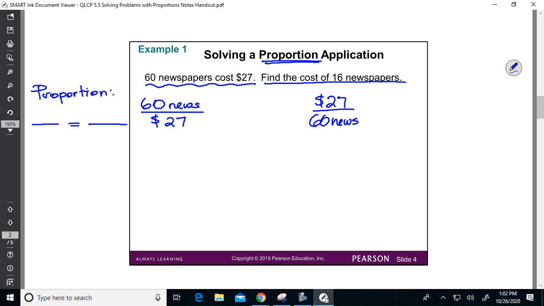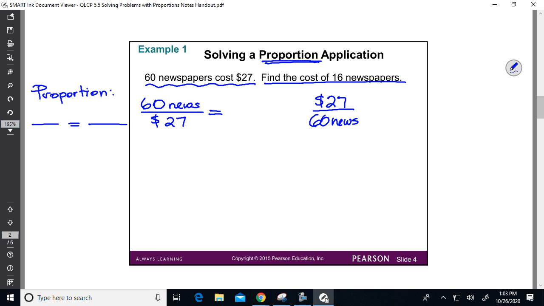Now, the cost of 16 newspapers. So when you set up the second fraction, you now have to be consistent. If you put newspapers at the top, the newspapers forever has to stay at the top. So that means your second fraction. 60 newspapers cost $27.